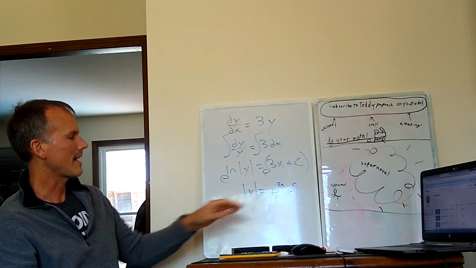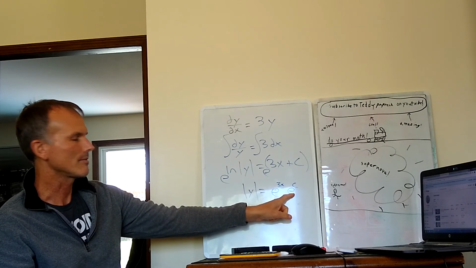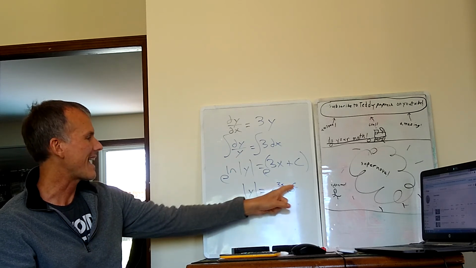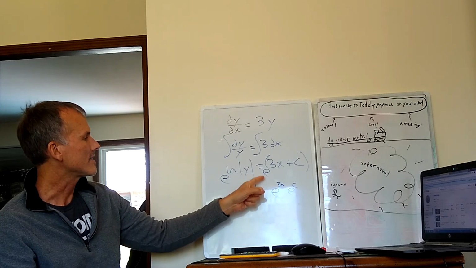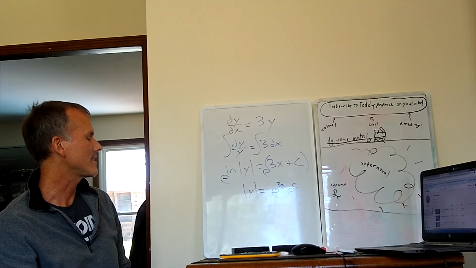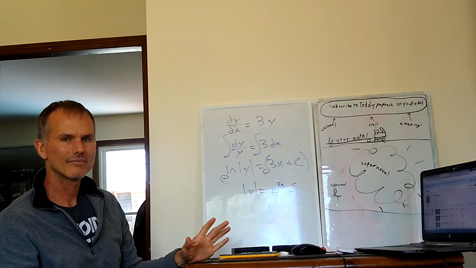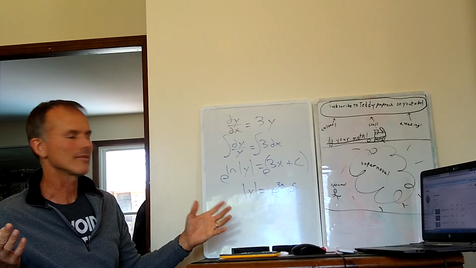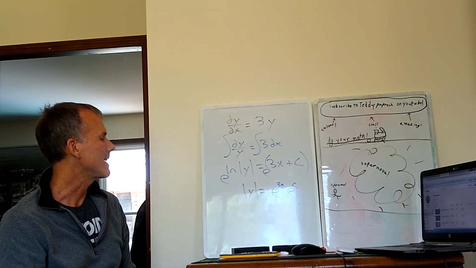If you don't see how I got that, think about going from here to here. If I'm multiplying two expressions with the same base, I add the exponents. So e to the 3x times e to the c is e to the 3x plus c. Now, e to the c is just a constant, because c can be anything at all, so e to the c can also be anything at all.